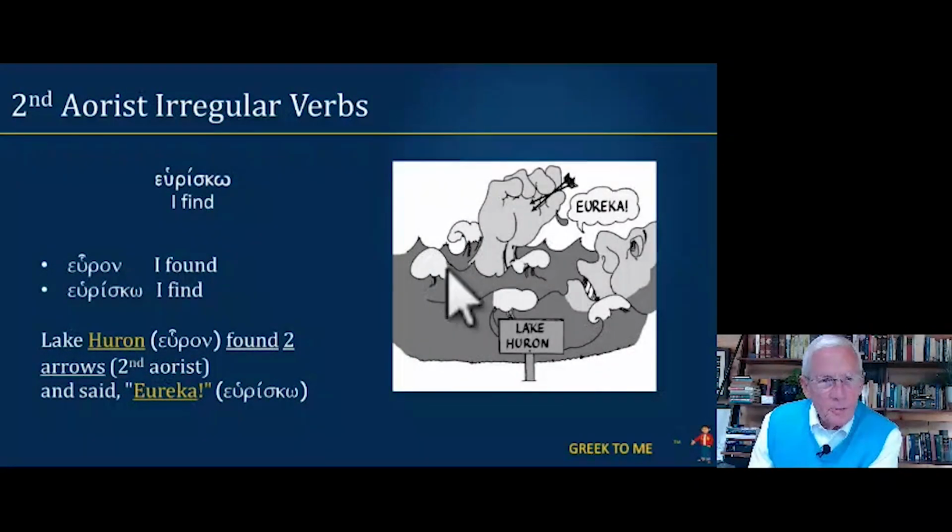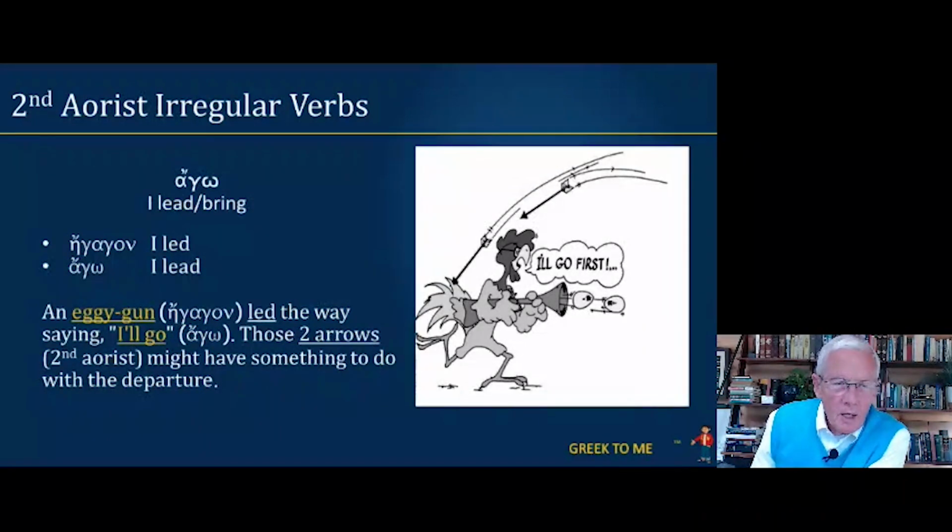All right, the verb heurisko becomes heuron. So we have pictured here Lake Huron, found, two arrows for second aorist and said Eureka for heurisko. So heuron, heurisko. Ago means I lead, I bring.